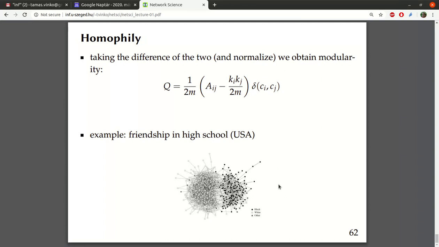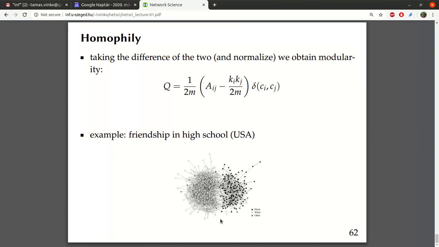It's a social network from a particular high school in the US, in which students of different races are attending, and although it can't be seen very well, you can perhaps see students with black color and students with white color and other students, this is the part which I don't really like.